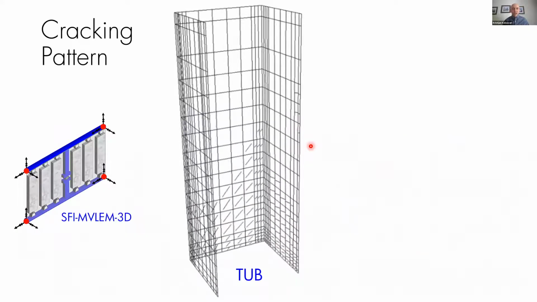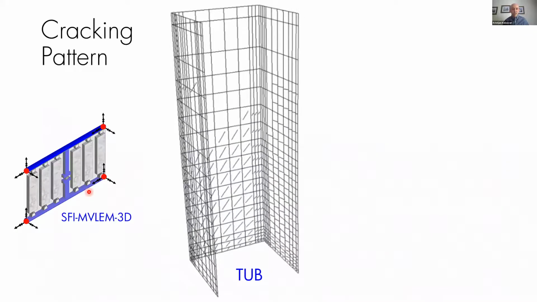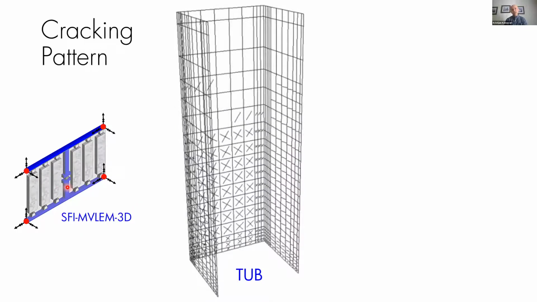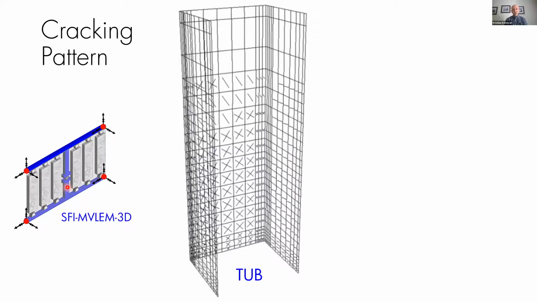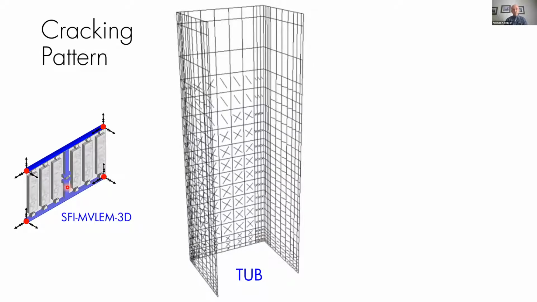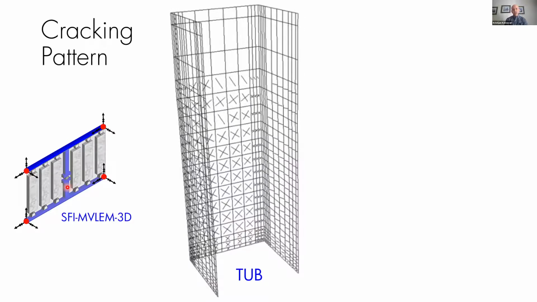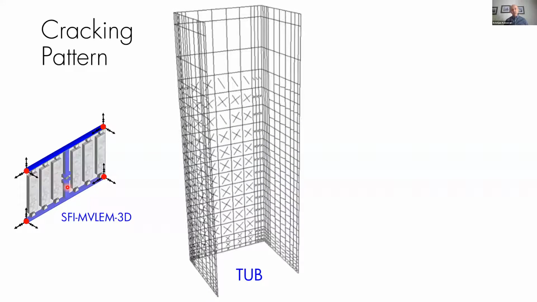Cracking patterns. We're actually able to process cracks, their orientations, and their evolution throughout the loading history, because there are cracks associated with this FSAM material model that we use. Here you can see just a couple of cycles at the beginning when these cracks form in the model.